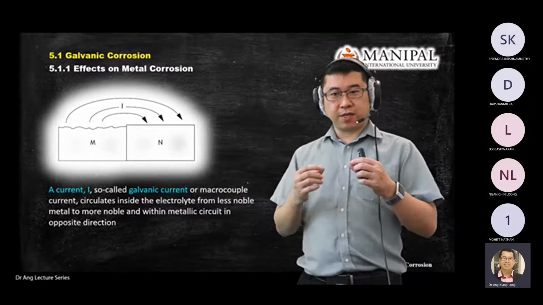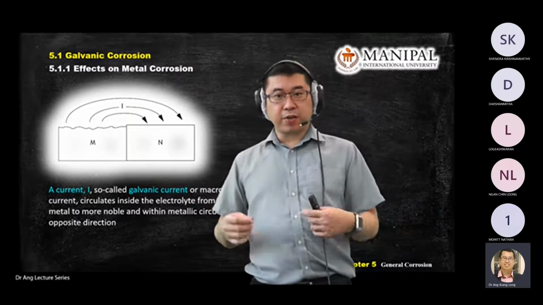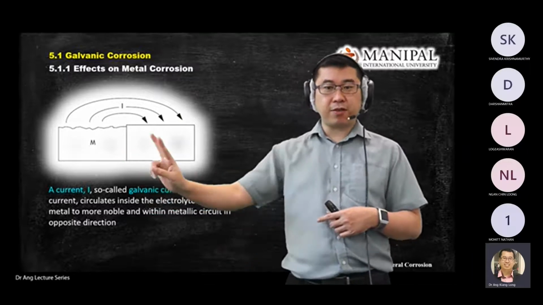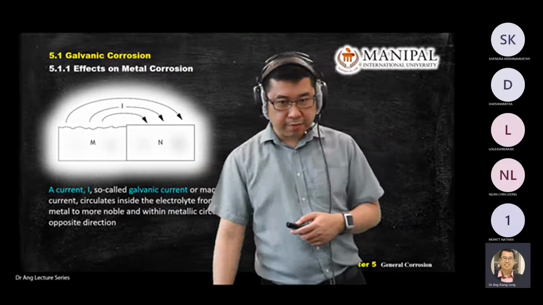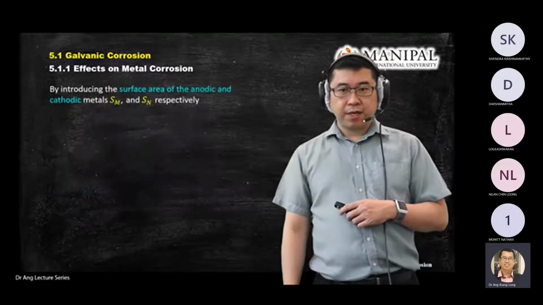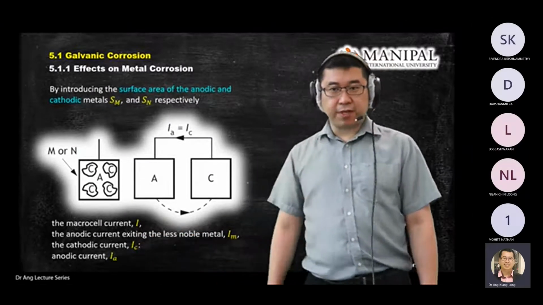The instruction gives you hints, since they already mention the word galvanic, so we expect you to draw something like this: two metals connected together, and then the electric current direction. Next, we look at one more diagram that is available in your tutorial handouts.